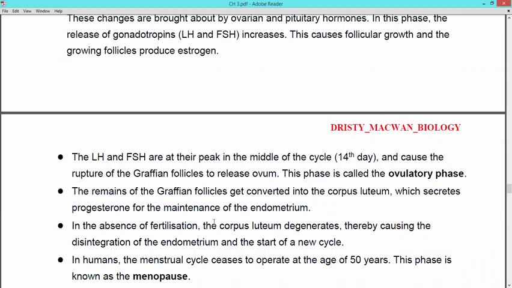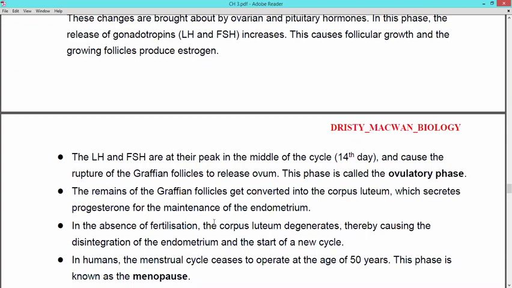So once the fertilization is not occurring, the corpus luteum degenerates, and when it degenerates, it causes the disintegration of the endometrium. So what happens here? It prepares the endometrium for the next menstrual cycle. After 29 days, again it is going to start a new cycle with the breakdown of the endometrium.